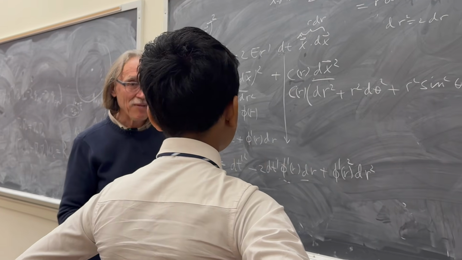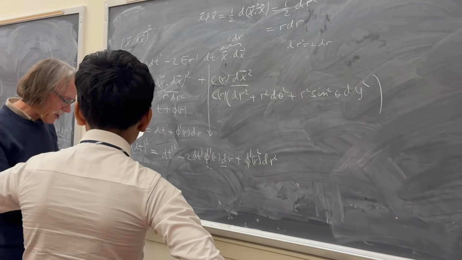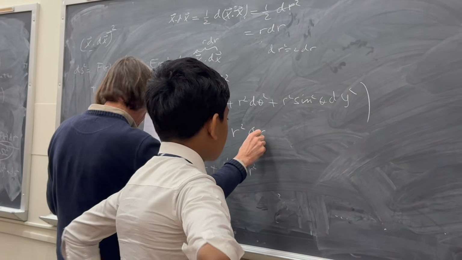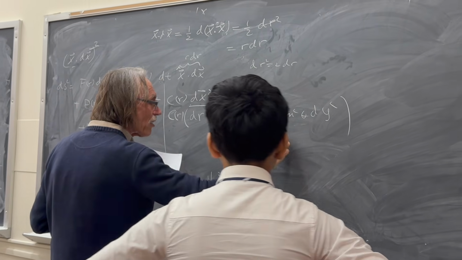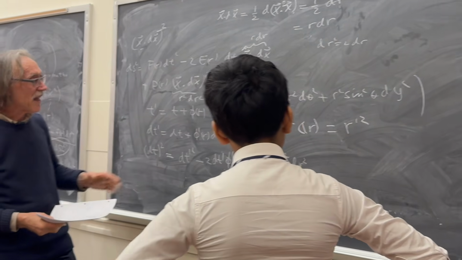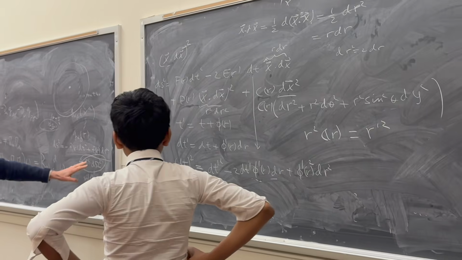So we change our r coordinates: r squared times c of r is equal to r prime squared. That's also a new coordinate. Then what we have is just this term.